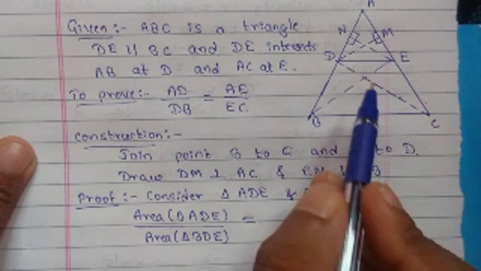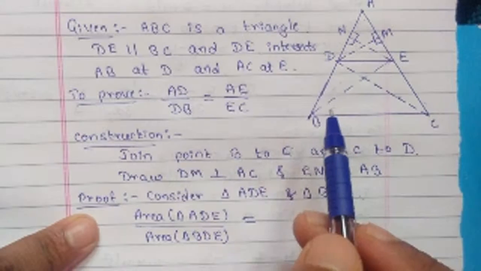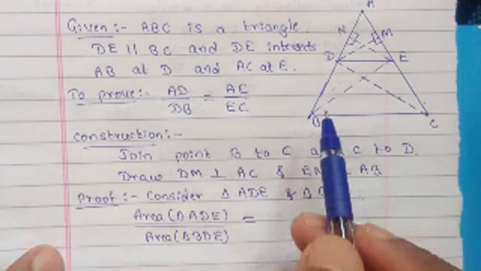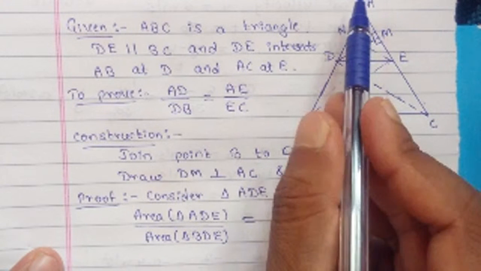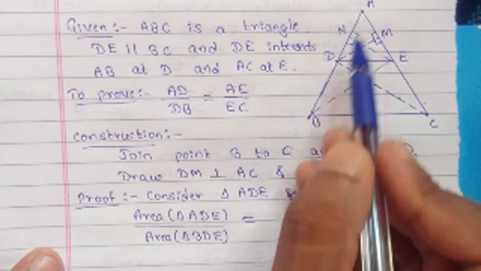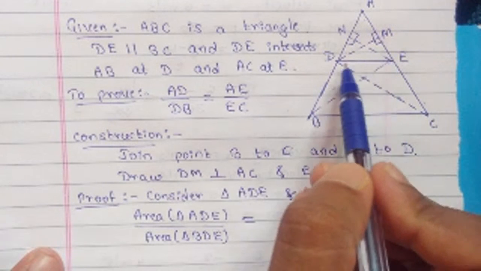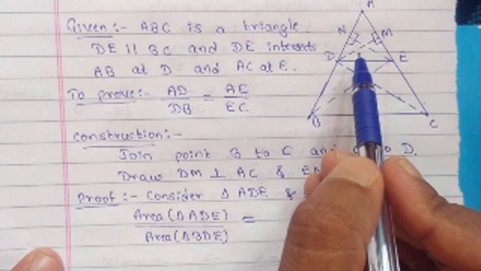So now remember one thing, in the first part consider the left hand side. Okay, so AD as the base. Remember, for the first half consider AD as the base, because AE can also be a base, because DM is perpendicular. We can consider that also, but we will consider that in the next part.